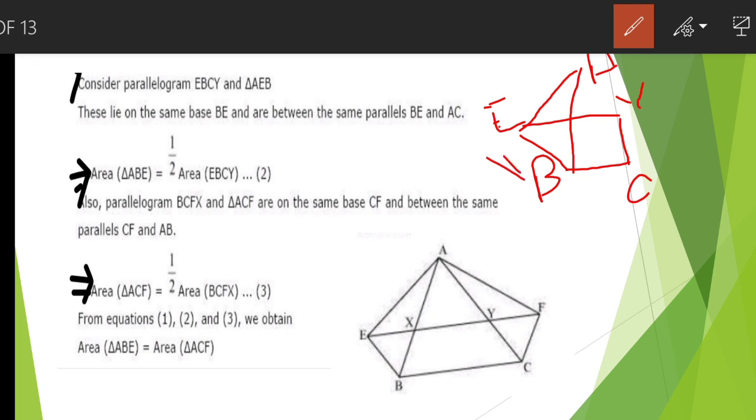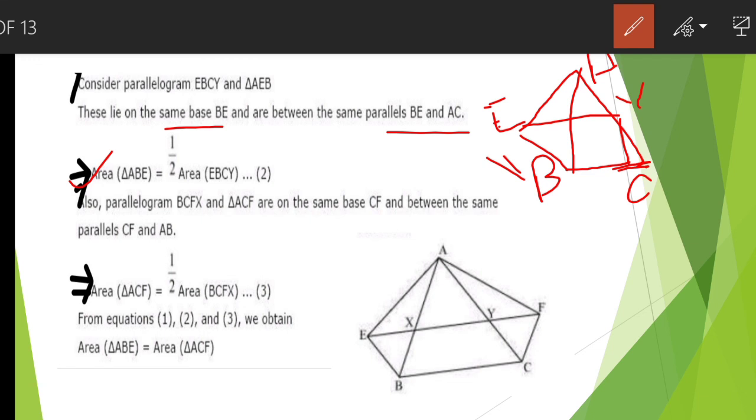They have a common base EB, and they lie between the parallel lines, as BE is parallel to AC. So we can say the area of the triangle is half of the area of the parallelogram.